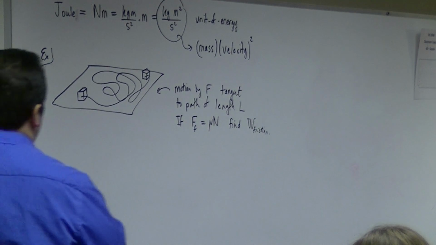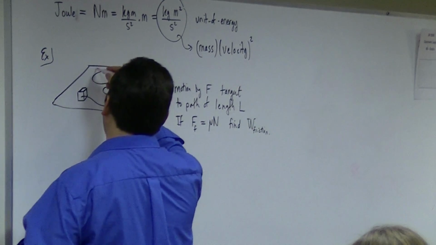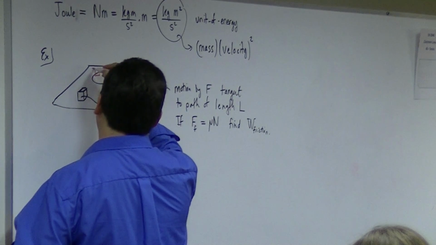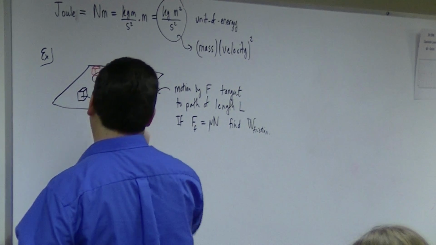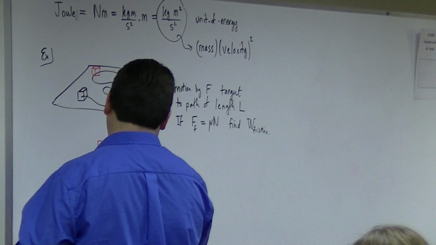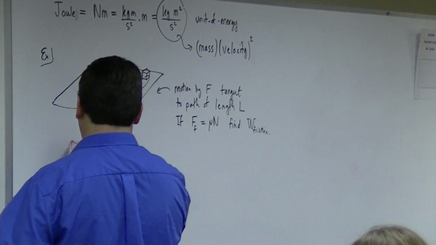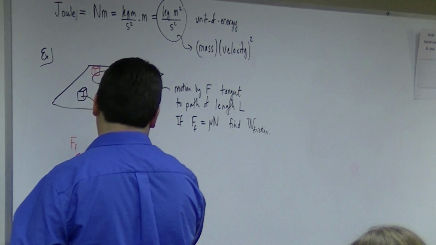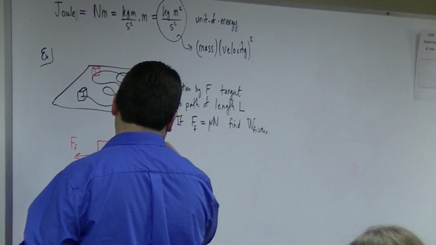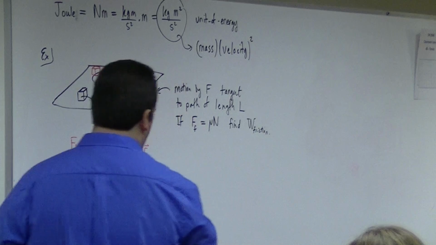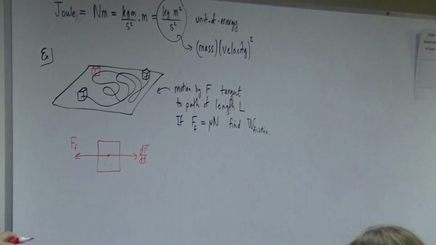So if you just let me pick any particular part of the motion and expand on that, you've got the force of friction going this way, and the velocity of the motion, dr/dt, going that way. I'm not telling you what makes the box move. I'm just asking you about the work done by friction.